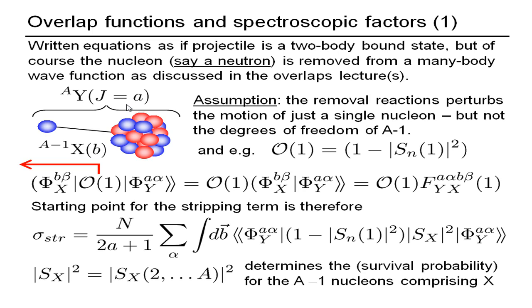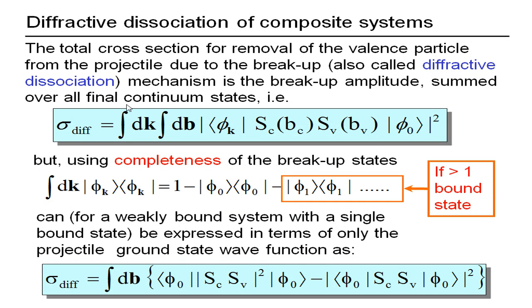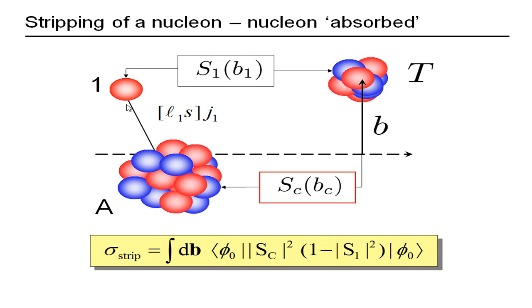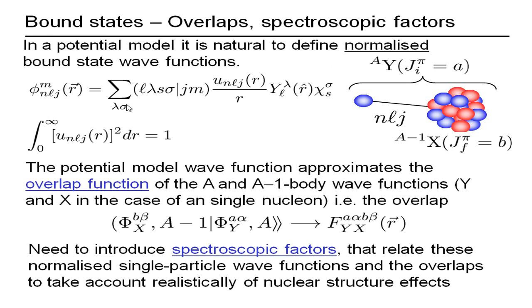I've called it nucleon 1, but of course there are n identical nucleons, so the cross-section must be n times this, because there are n identical neutrons in the target, and I could remove any one of them. So this is really where our starting point should be, rather than the simplified version we had over here. I'm reinterpreting this and trying to show that the simplified thing is indeed what we can do, provided we're aware of the spectroscopic factor.